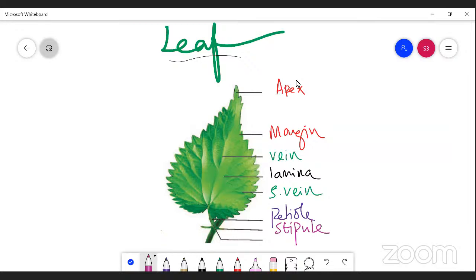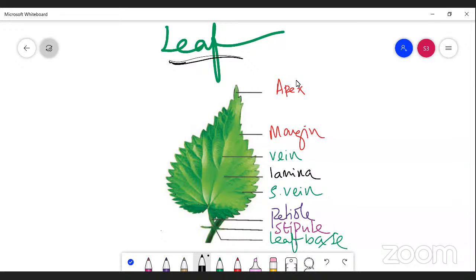Stipule, and this portion is the leaf base. Leaf base, right, my dear students? If you take a leaf, you can find the following parts.